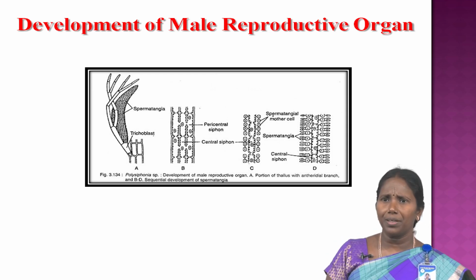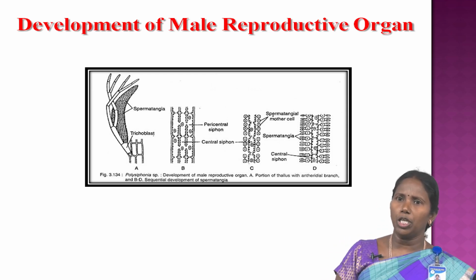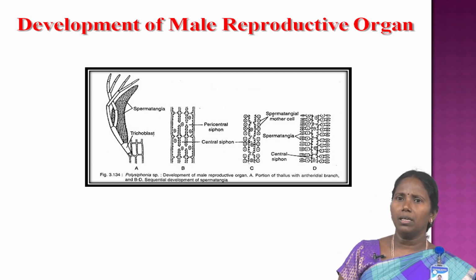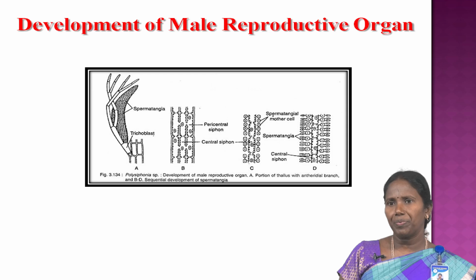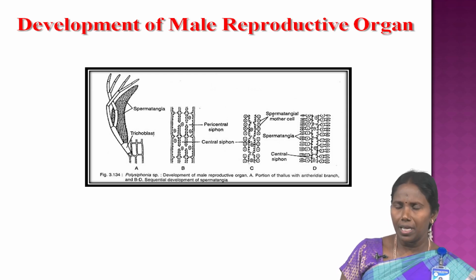The monosiphonous fertile branches of the male trichoblast bear many unicellular, spherical spermatangia. Each spermatangium is a uninucleate structure. It produces a single spermatium, the male gamete.